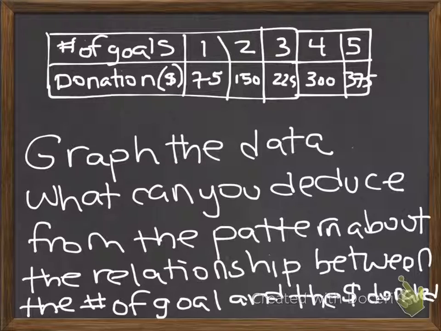So the donation money is going to be dependent on the number of goals scored. So that makes x our number of goals and y our donation money. So once we've determined that, now we can think of each column as an ordered pair. And that's what we're going to graph.